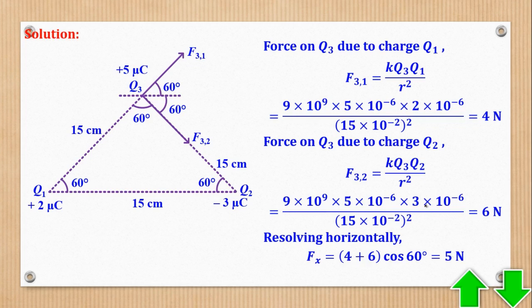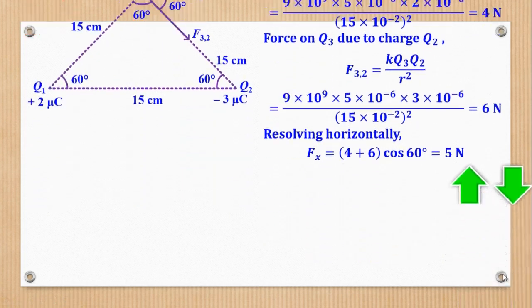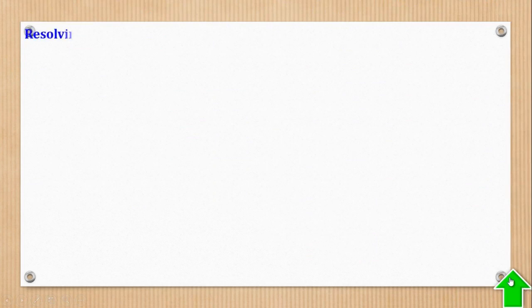That is horizontally. What about vertically? Vertically, this one is going upwards and this one is going downwards, and it will be sine 60. Therefore, one will be positive, this will be negative. Therefore, we shall come here and so resolving vertically, we shall have that.